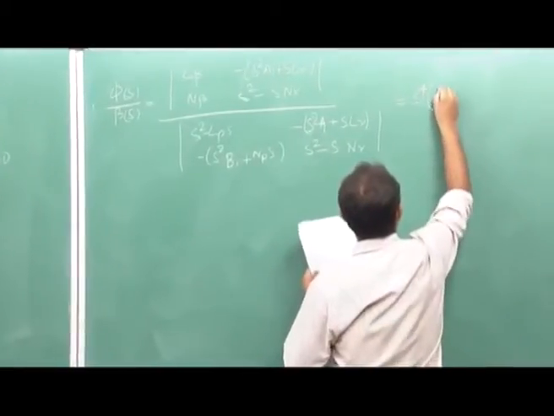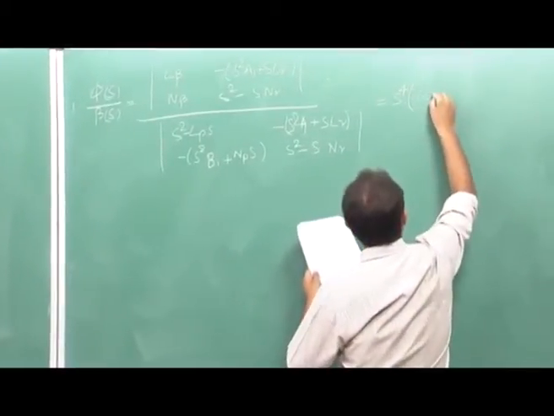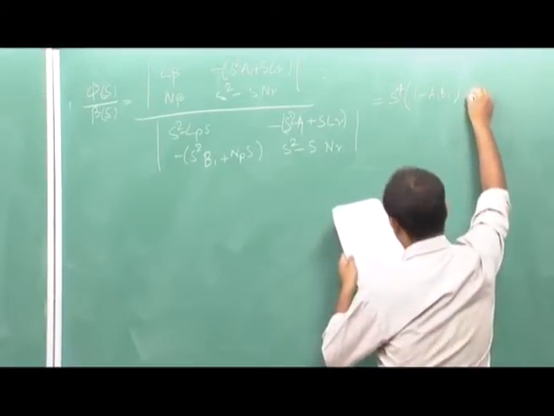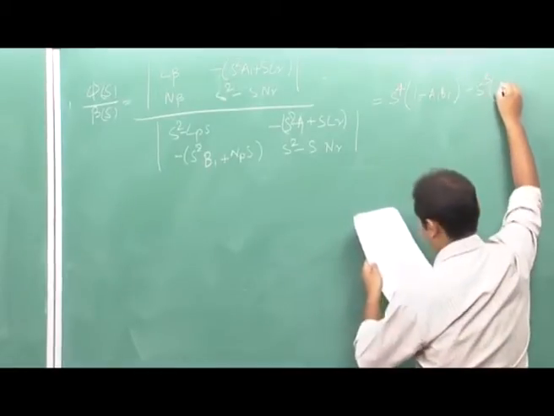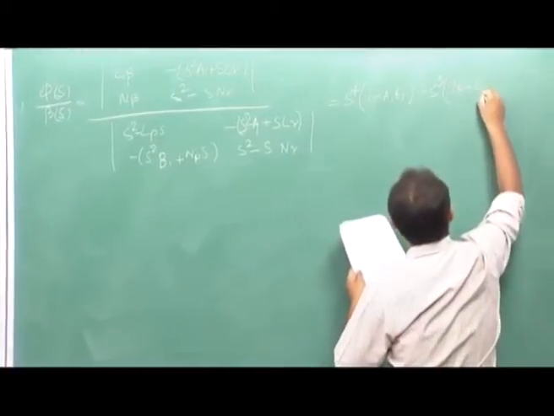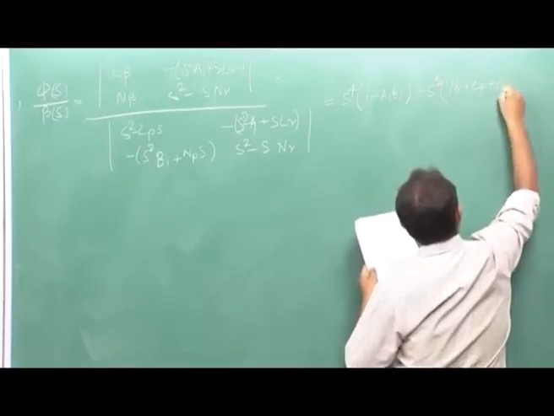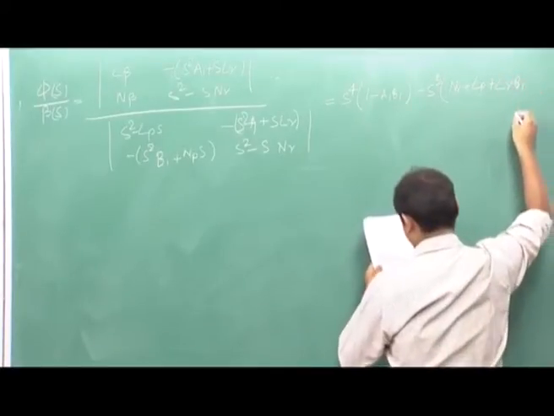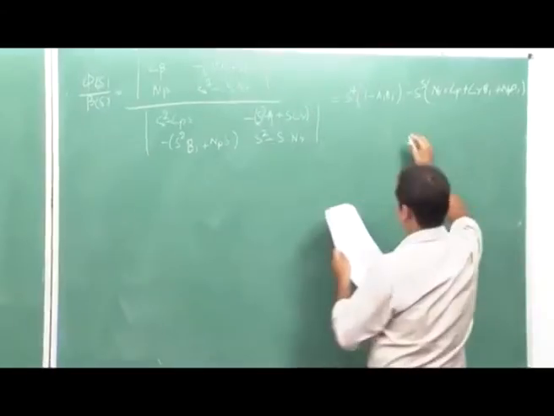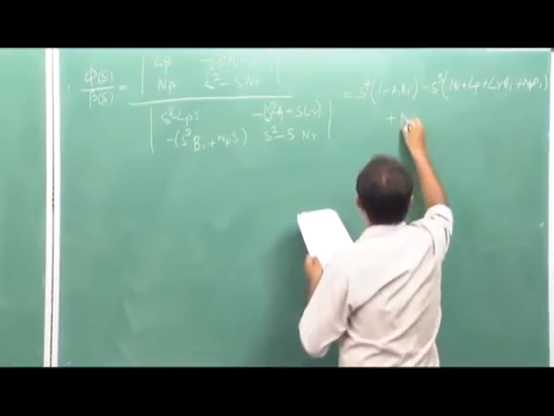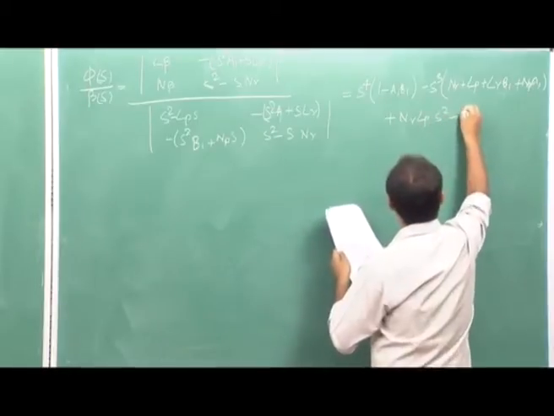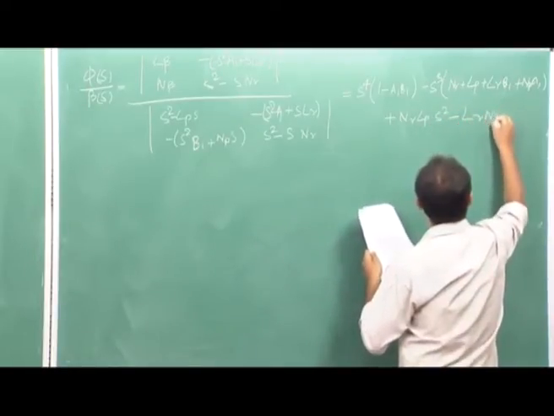s to the power of 4 times (1 minus A1 B1), minus s cube (N_r plus L_p plus L_r B1 plus N_p A1), plus (N_r L_p minus L_r N_p) s square.